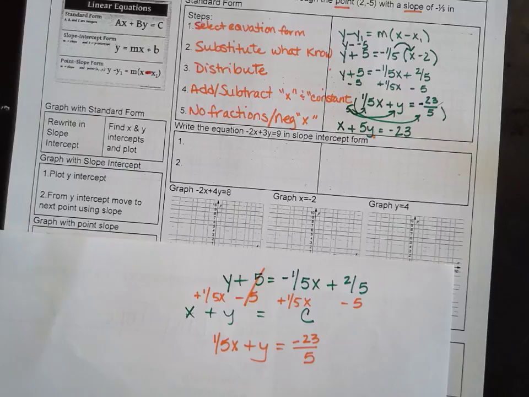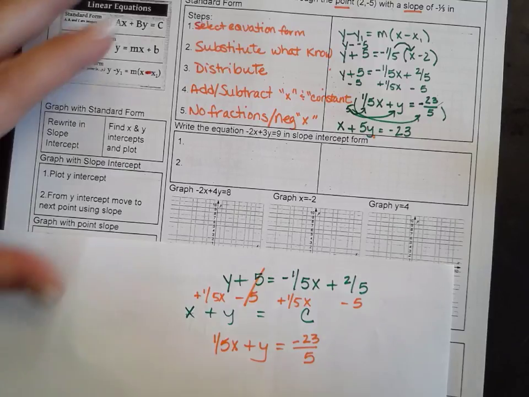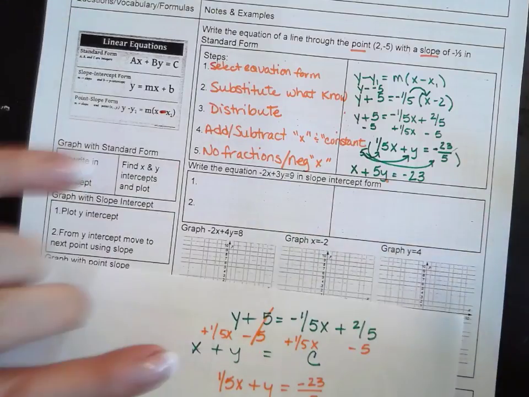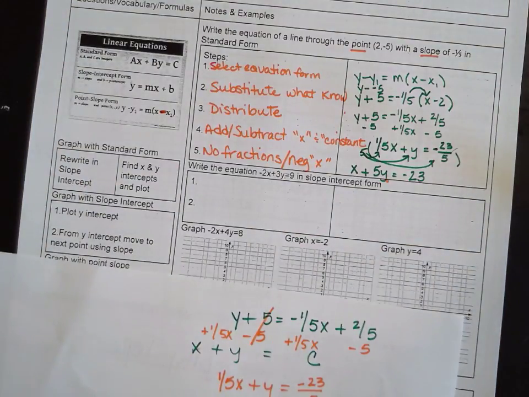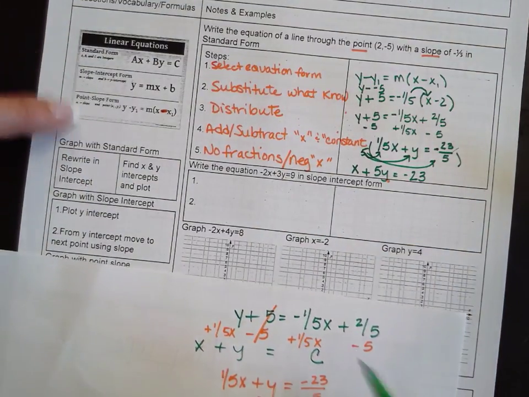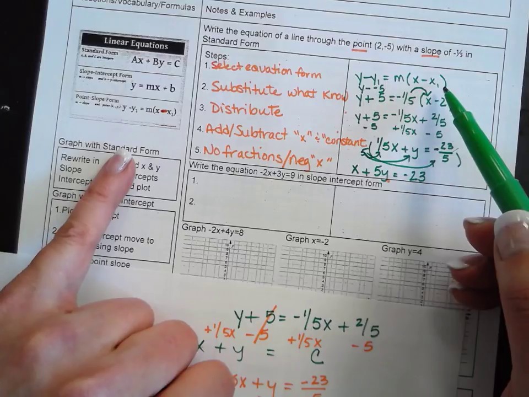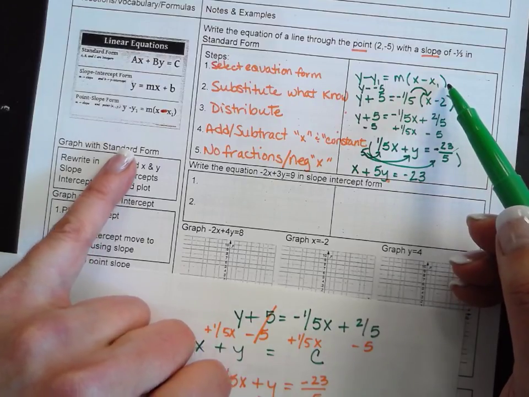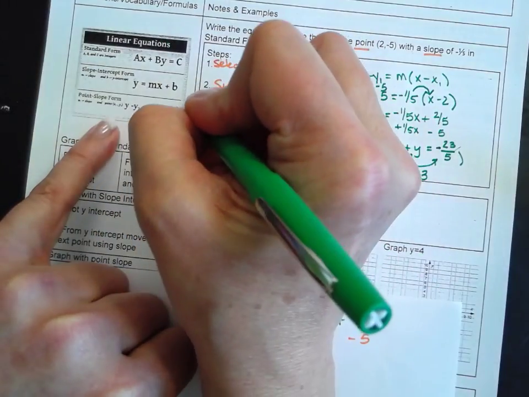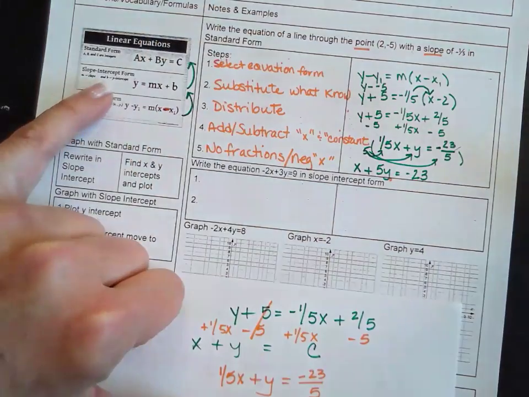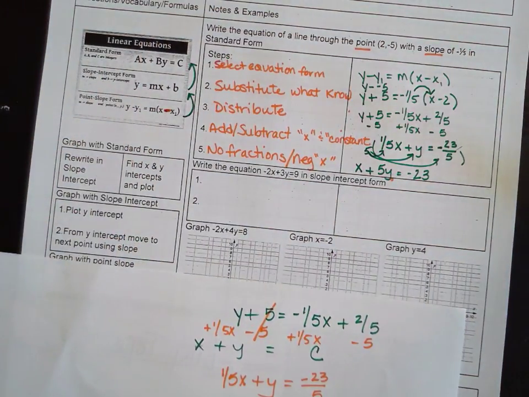All right, so that's writing the equations. Basically, you're going to follow all of these steps, just moving everything back and forth to whatever form you needed. All right? Usually, if you start with point slope, you're always going to go up to slope intercept and then up to standard form. It's the same steps each time. All right?